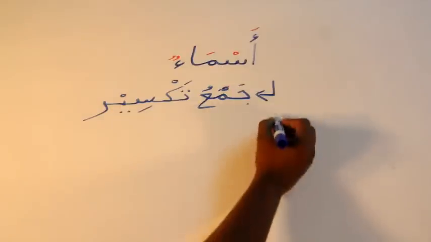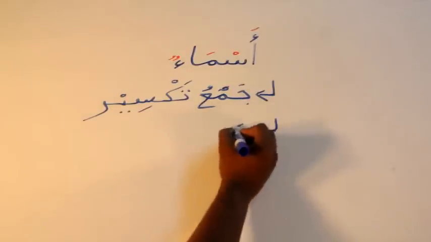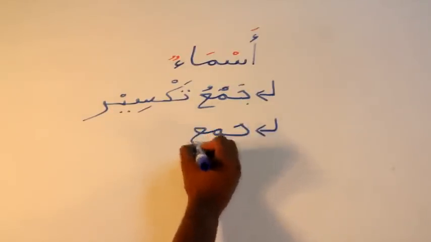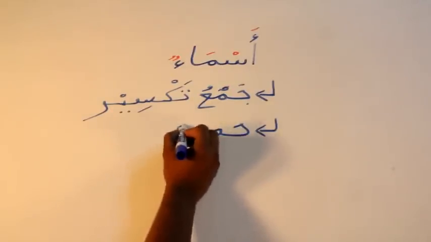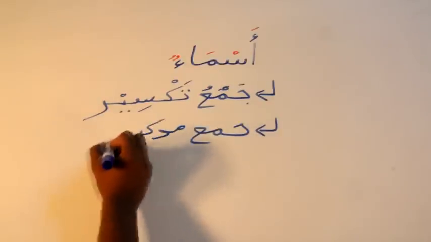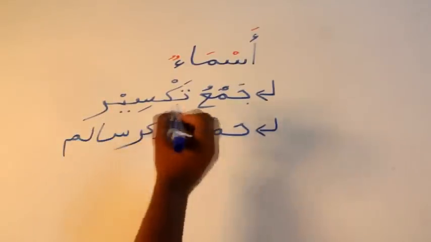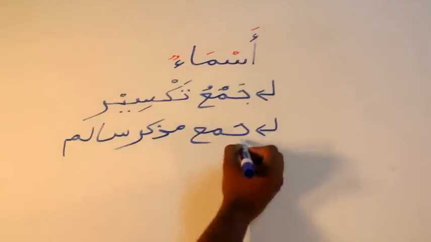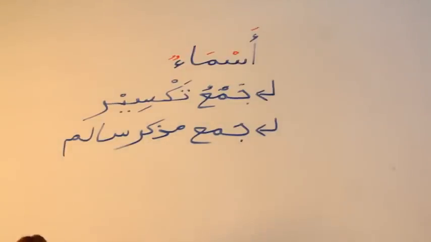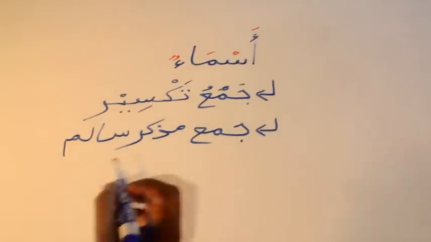The next one we'll be looking at is Jam'u Mudhakkar Salim. And this basically means the saved masculine plural.